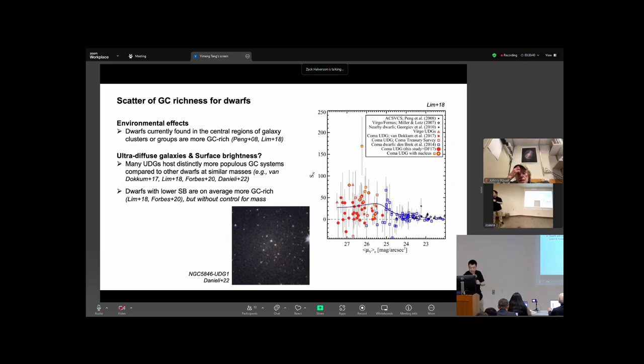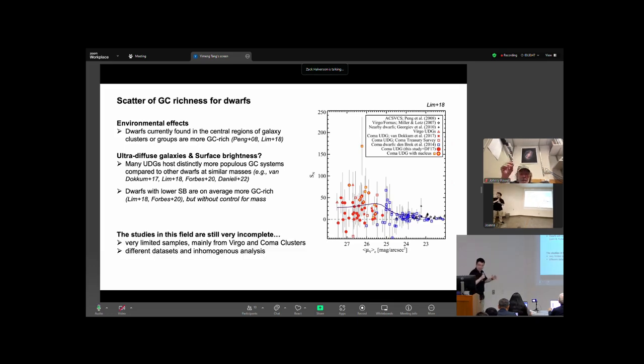I have to emphasize, we have lots of fantastic studies here, but until now these studies in this field are still very incomplete. Generally we have been using very limited samples, mainly from Virgo and Coma clusters, and people have been using very different data sets, very different methods, very inhomogeneous analysis.